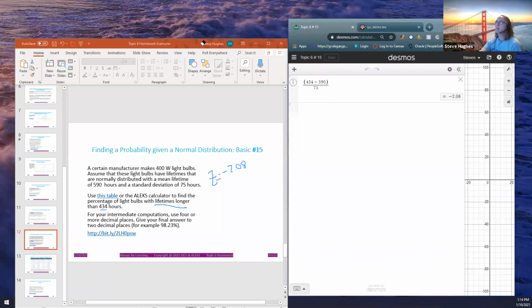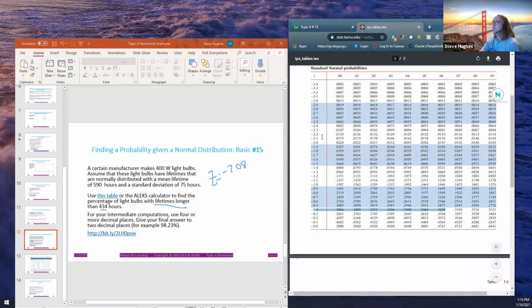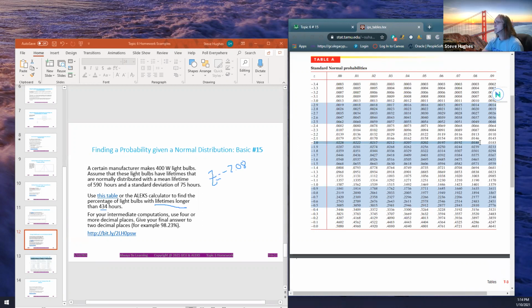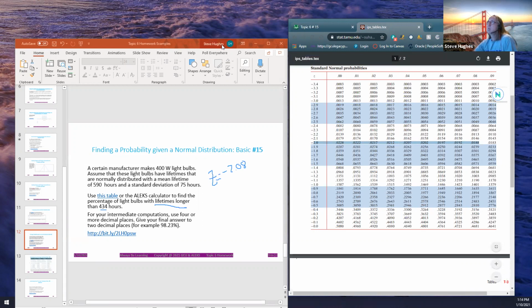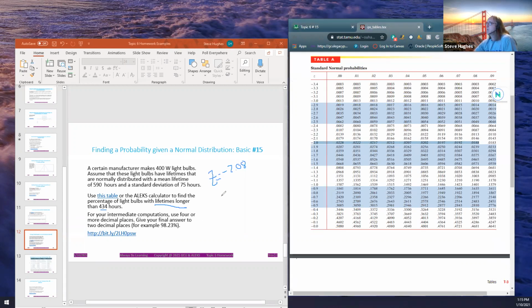We're looking up a value of negative 2.08. Here's negative 2, so let's go all the way across. Negative 2.08 is right there, the last one, 0.0188. Just jot this down so we don't forget it: 0.0188.